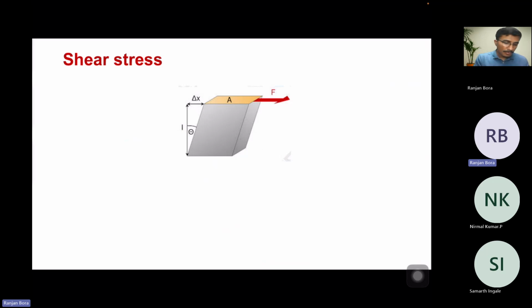So we have seen stress has two types: one is the normal stress, and another one is the shear stress. Normal stress is when the force is acting perpendicular to the plane.